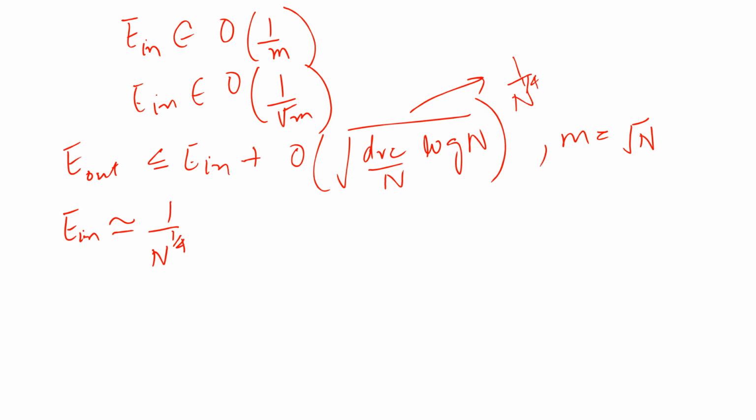If we try to make one of these smaller, the other one will go up. Because E_out is the sum, there will be a trade-off.